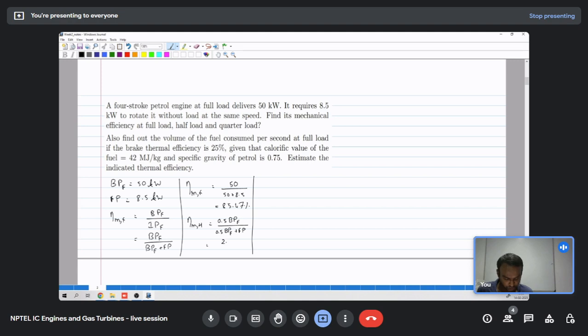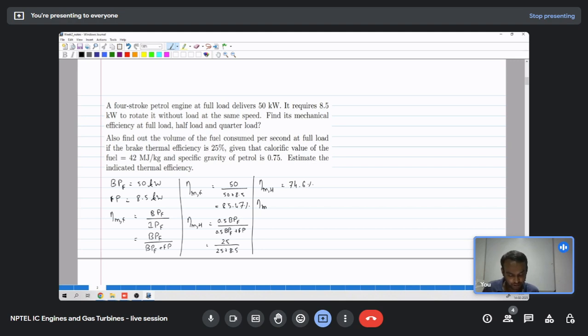So that would be 25 by 25 plus 8.5. So that is 74.6%.